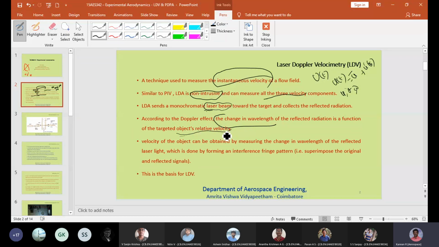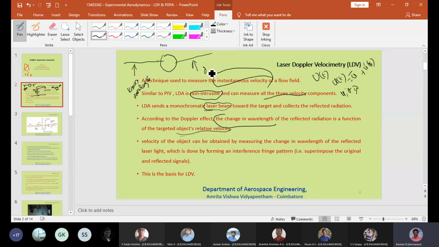We pass the laser light of known wavelength into the region of measurement, and after passing through that, the reflected light will be there.